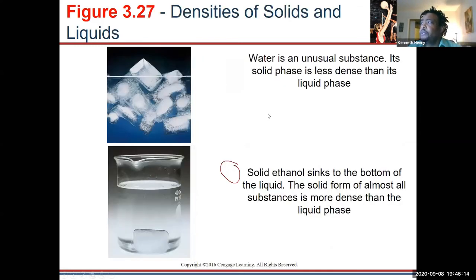So as we talked about, ice floats on top of water because ice is less dense than the liquid phase. Whereas if this is a frozen cube of methanol, the methanol cube will actually sink. The solid form of methanol will sink to the bottom.